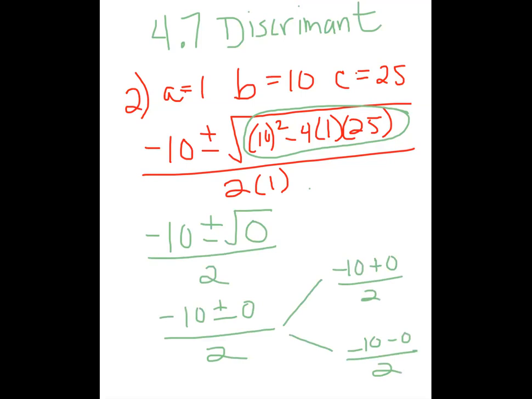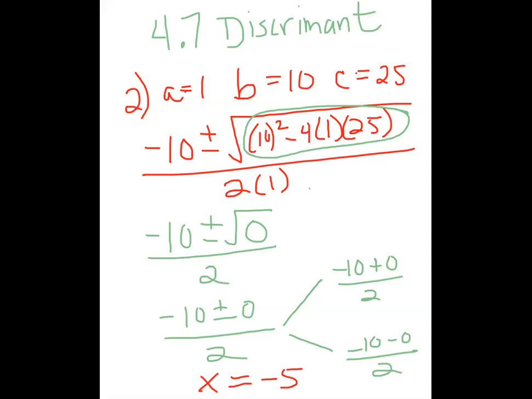Negative 10 plus 0, that's negative 10. Negative 10 minus 0, that's still negative 10. So both of these answers, when you simplify them, you just get negative 10 divided by 2, which is negative 5. So notice on this one, unlike the first example, I'm not getting 2 answers, I'm only getting 1 answer. And the answer is negative 5.